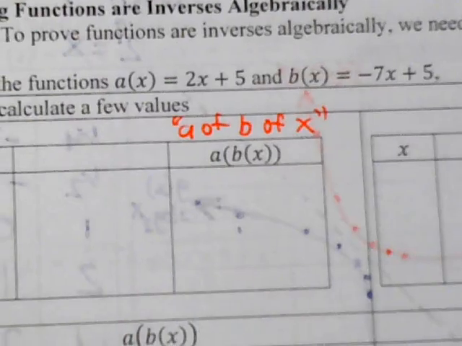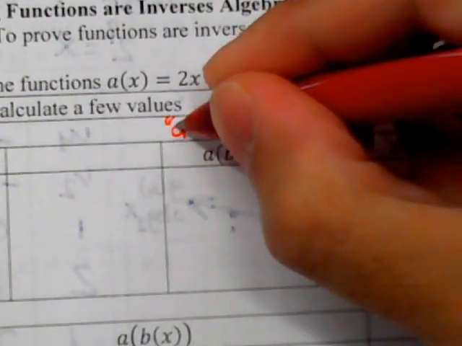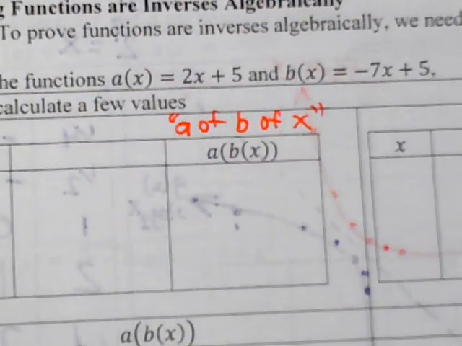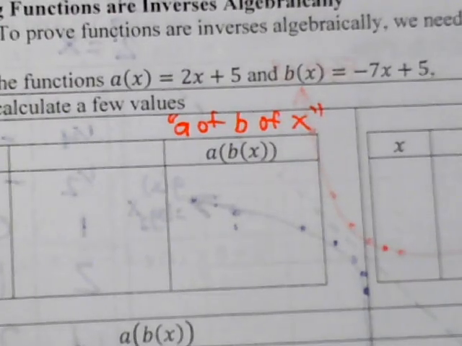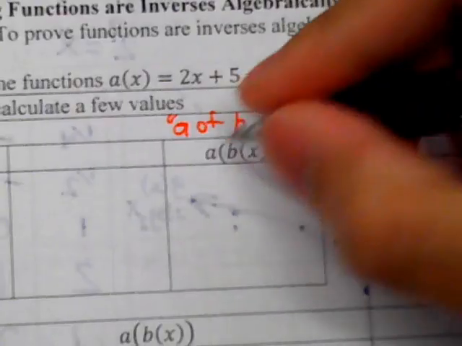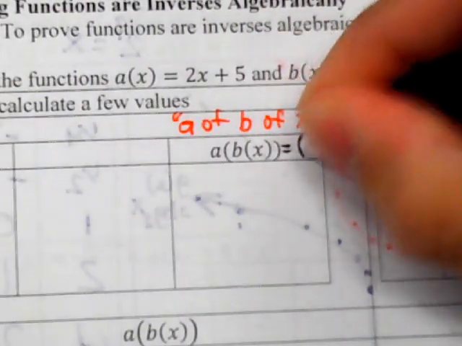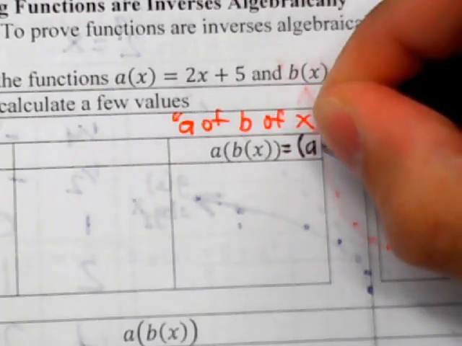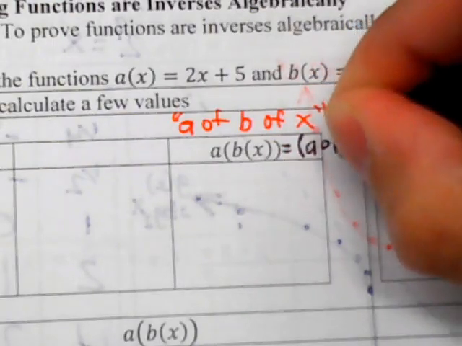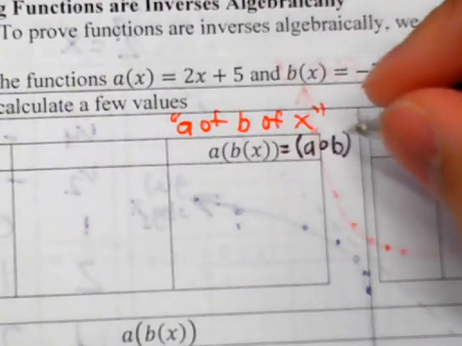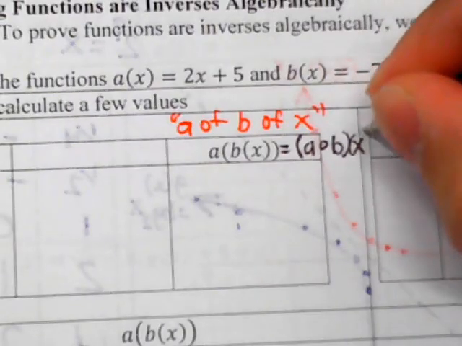Just so you're aware, sometimes you'll also see it written like this: parentheses, A, and then a floating circle, B, close parentheses of x. These mean the same thing.